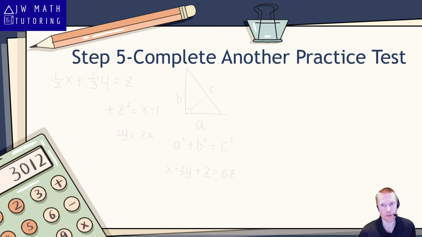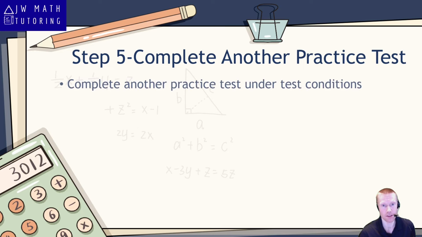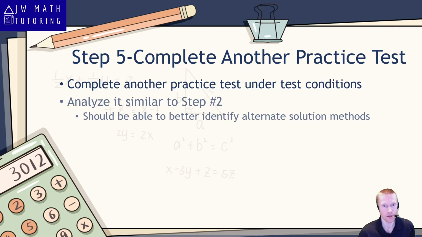Now, once you've done that, and once you feel confident, it's time to go ahead and do the next step, which is to complete another practice test. Again, you want to take it under test conditions, and you want to analyze it just like you did with the 2 practice tests at the beginning. That means keeping it to the specified time limits and completing the whole thing in one sitting.